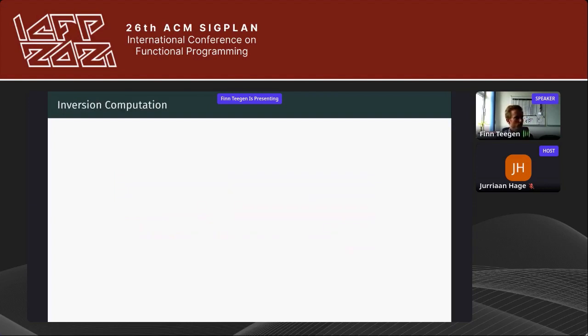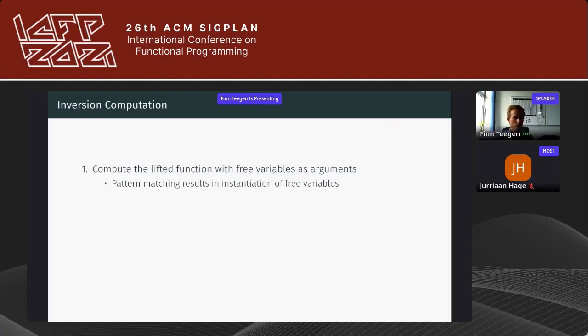How is inverse computation now finally achieved? The idea is quite simple. The first part is that we compute the lifted function with free variables as arguments, and in the process, the pattern matching of the original function will result in the instantiation of the free variables we provided as arguments to the lifted function. And on the outside, we match the result of the lifted function, which we called with the free variables, with the input of the inverse function.